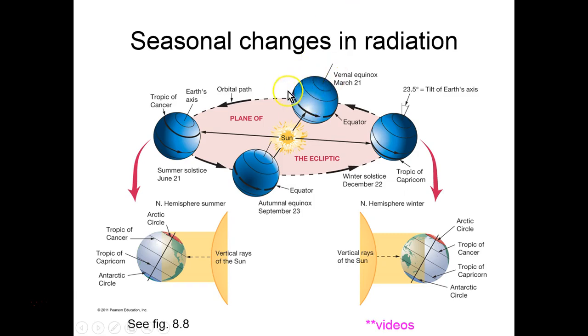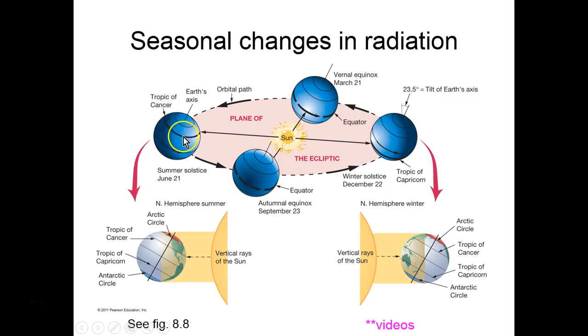As we progress farther into the year, we get to the summer solstice, which is June 21st. Now the Earth is positioned so that the northern hemisphere is angled towards the Sun, so the Sun is directed right at about 23.5 degrees north. And that latitude is called the Tropic of Cancer.